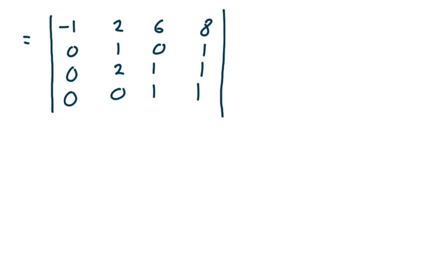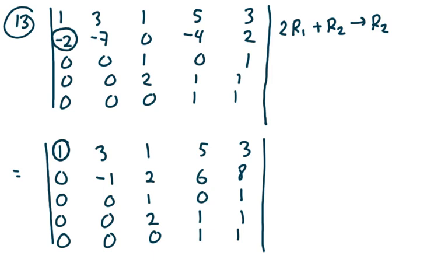Okay? Because if we expand around the first column of this new matrix here to take the determinant, the rest of these entries are all zeros. So if we delete the row and the column that contains the 1, we're looking at the determinant of this submatrix right here. And that's what I have.